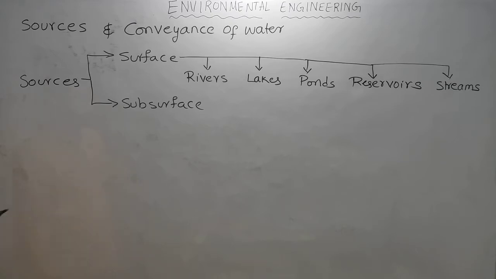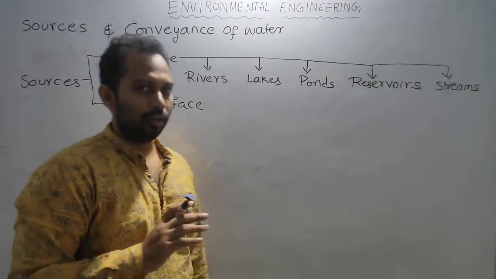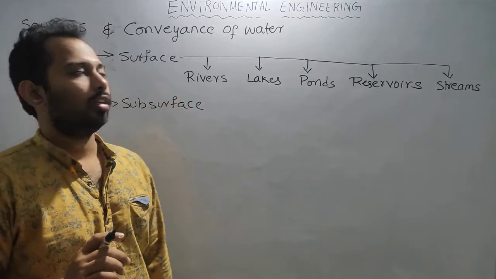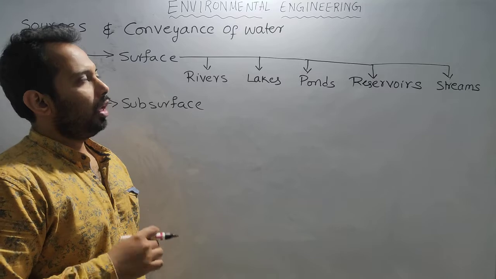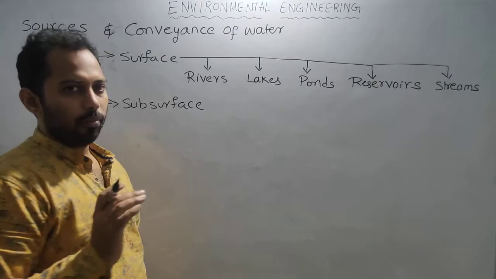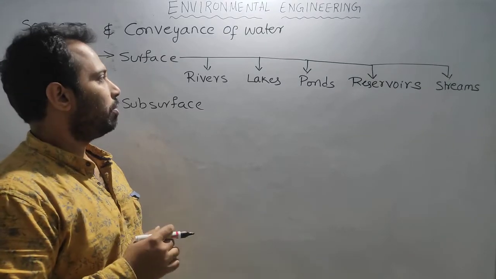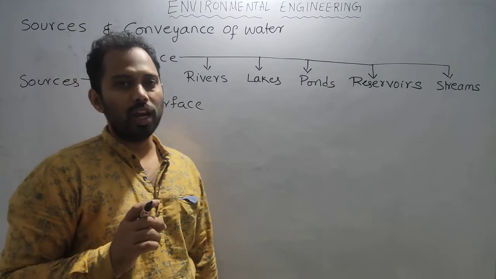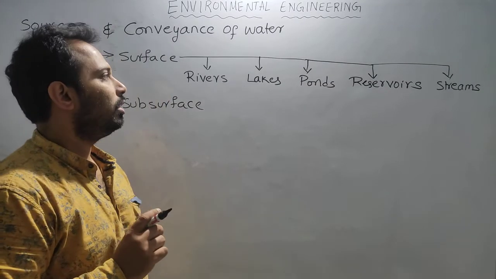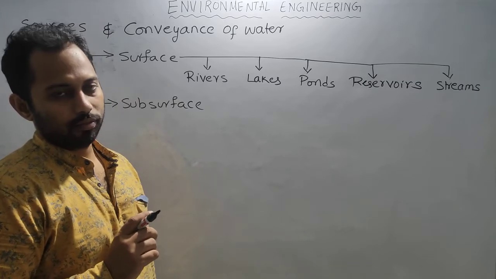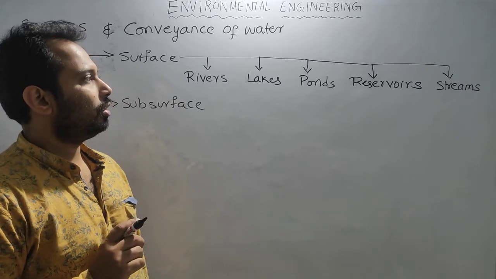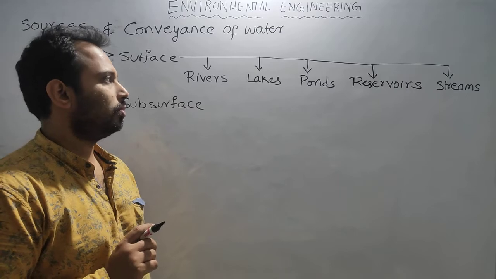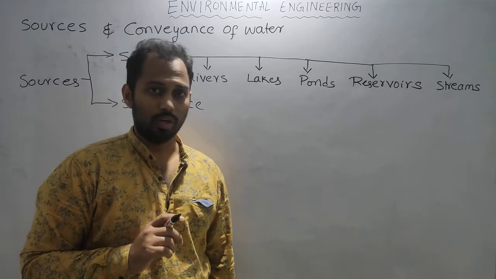In the surface sources, generally their quantum of water will be very high. But if you look at it from the quality perspective, quality is a little less. So treatment is expensive if you take surface water.